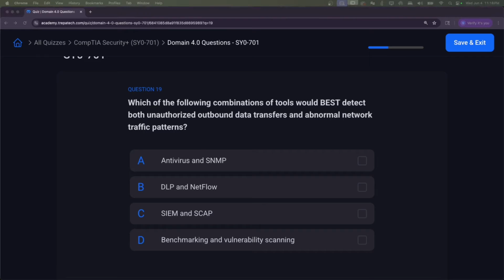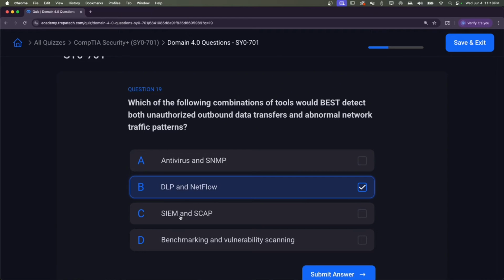So abnormal traffic patterns, I'm automatically thinking that we're taking baselines and we're able to see something against the baselines. But then data transferring or data exfiltration would be DLP. So abnormal traffic patterns, we would detect that with some sort of network packet capturing, something that's active and maintains, that's NetFlow. SIEM could do this as well, depending how we set it up.